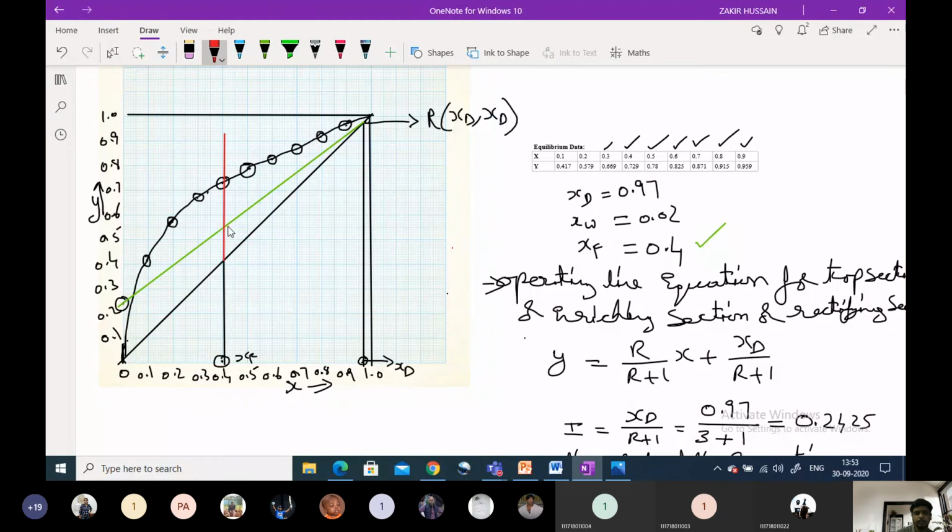This point, already in the PPT up to the diagonal, we are referring to as q xf comma xf.